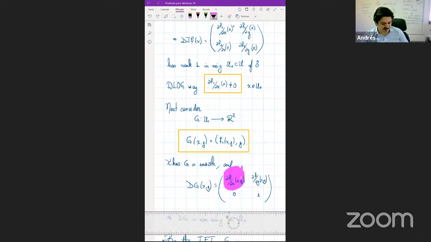And the determinant of that matrix is precisely only this term. So the linear map has determinant 1. It is a non-singular matrix.